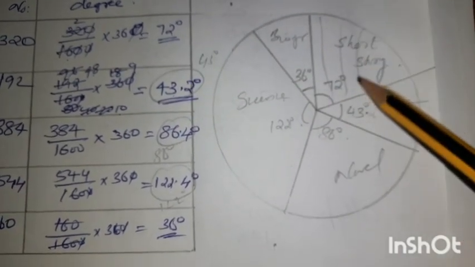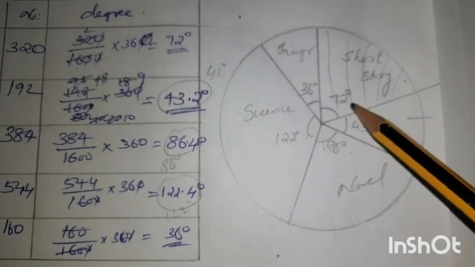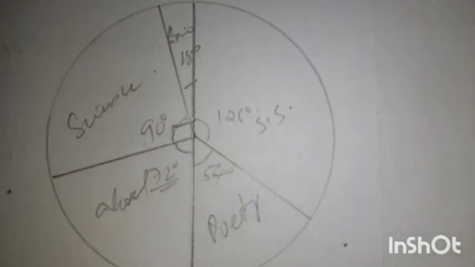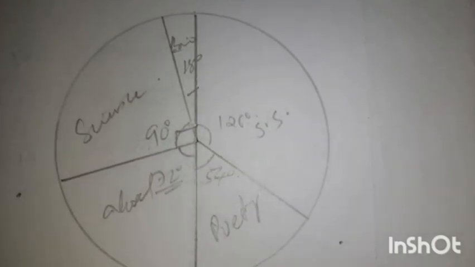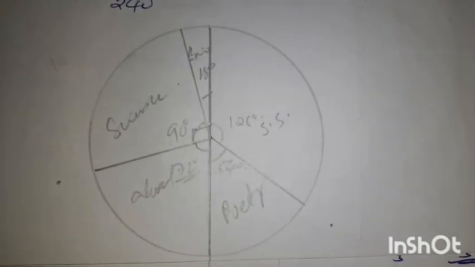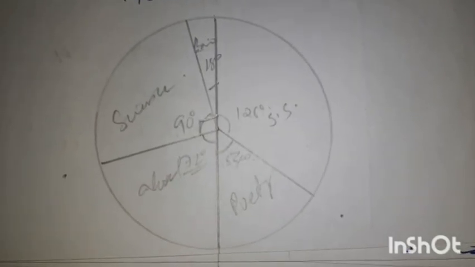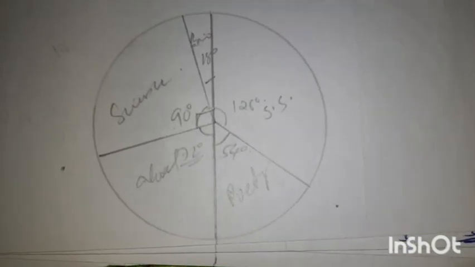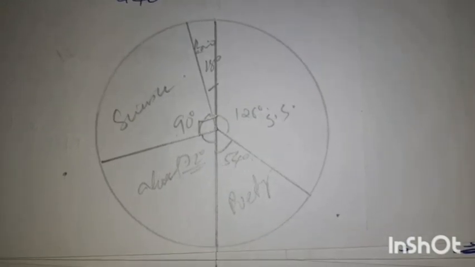In the library, short story was only 72 degrees, but we need 126 degrees, so it is not comparable. For the other books also, if you check, the number of books is less, so we cannot say that they are bought according to the preference of the students.